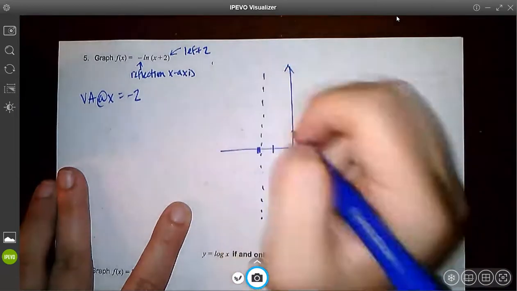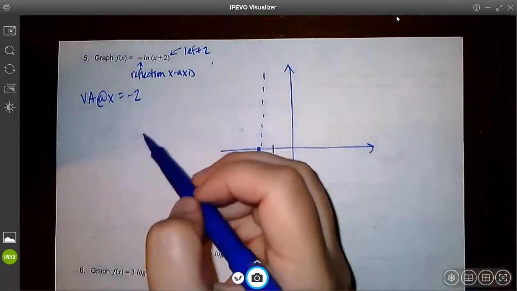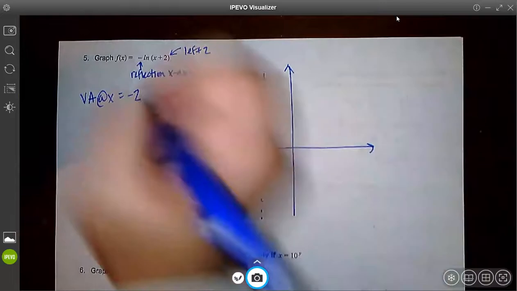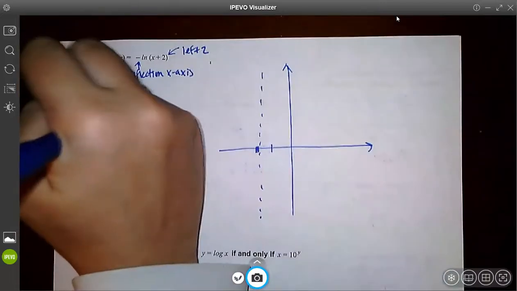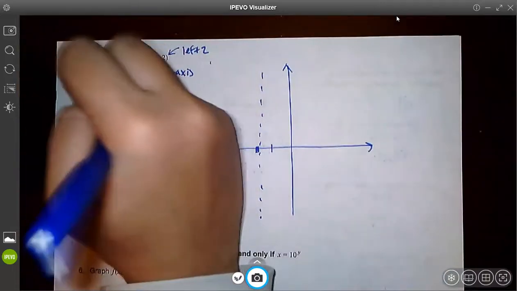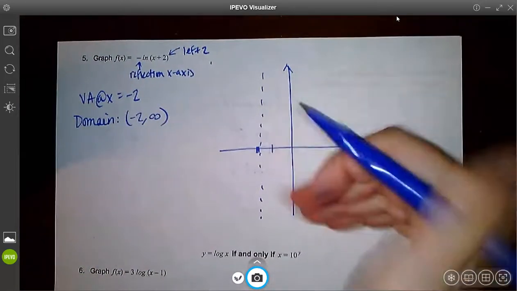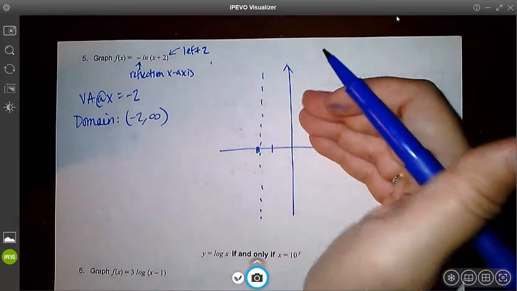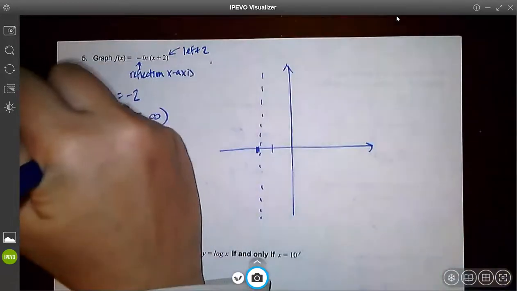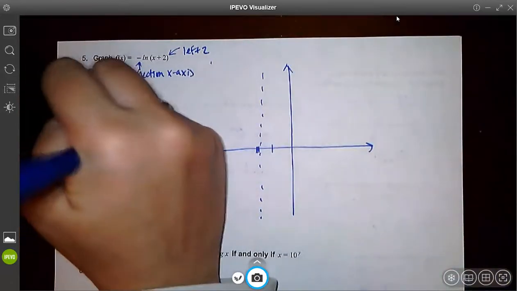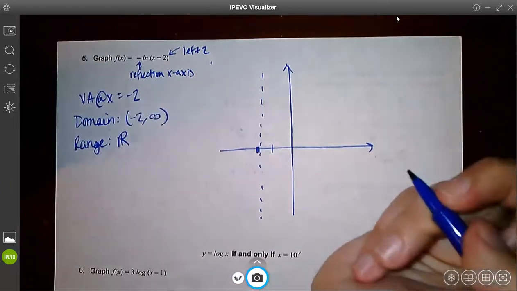Our domain here is going to be from -2 to infinity, because we're reflecting with the x-axis, not the y-axis. My range for these is always all real numbers, from negative infinity to infinity.